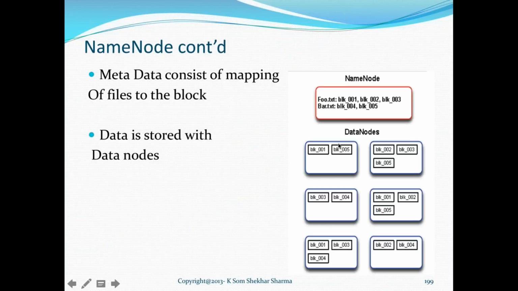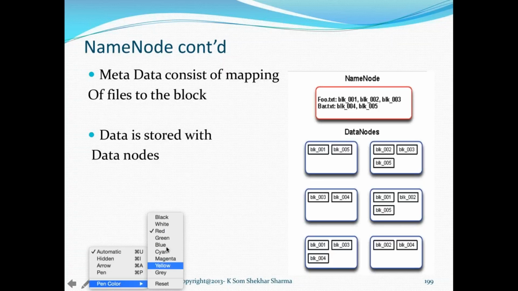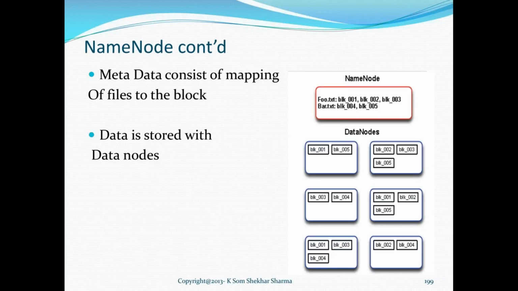Okay, so the name node stores this information: given a file, how many blocks it has been broken into. Let's say this is machine 0, this is machine 1, 2, 3, 4, 5. It will store the information that BLK001 is stored with machine 0, machine 3, machine 4.